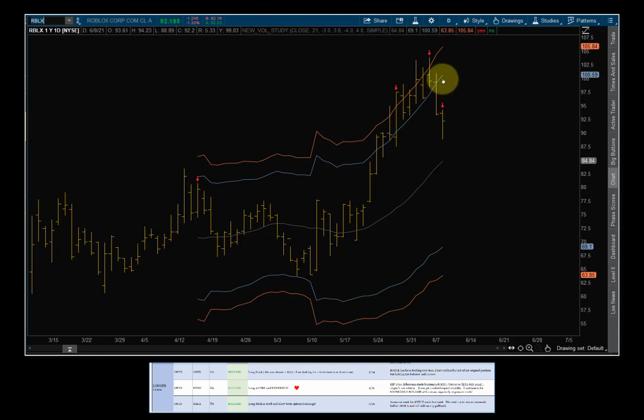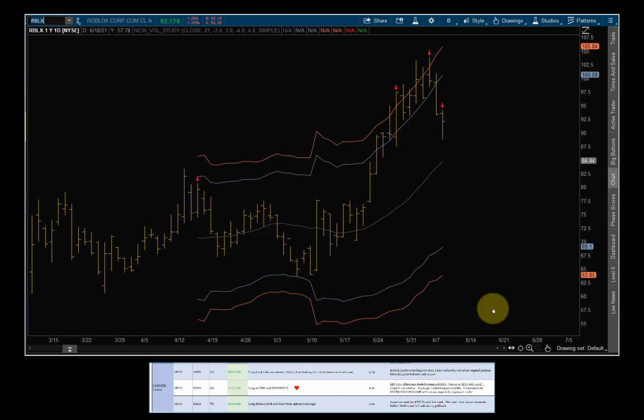Okay, 3 standard deviations, 4 standard deviations, 3, 4. If it just hits 3 standard deviations, you're not going to get a buy signal. But if it gets out of them and then comes back in, that's when you start getting sell signals or buy signals. It's pretty cool.